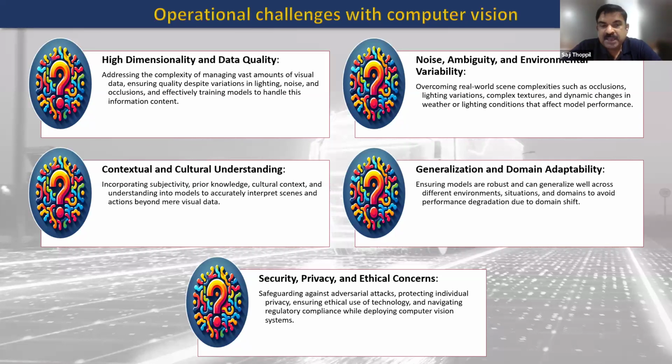The next is also an important aspect: security, privacy, and some of the ethical concerns. Now we are capturing information from cameras, which means you would capture faces of people, right? You would capture various other characteristics. There are countries which don't allow that because you are not allowed to personalize.